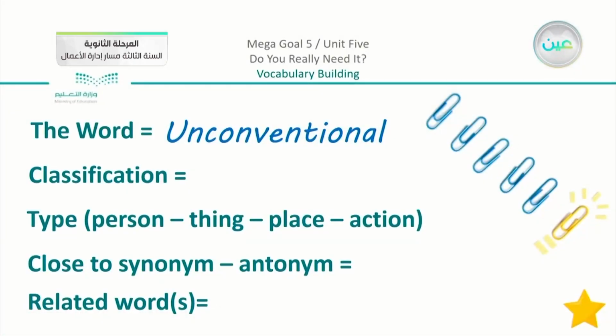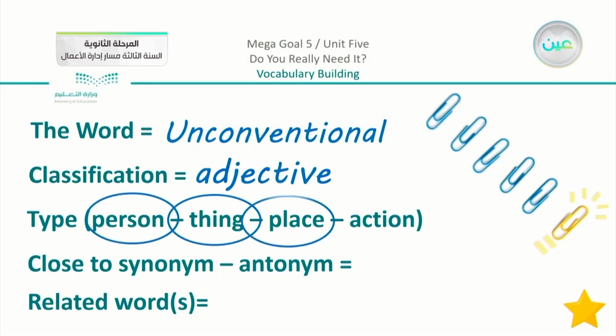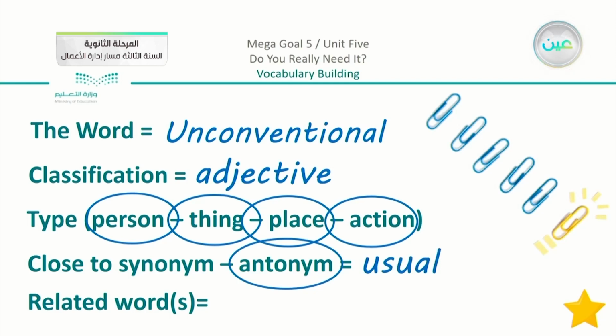The word unconventional is also an adjective to describe. We can describe a person, a thing, a place, or an action. It is the opposite of something that is usual. So here we are relating between something that is different but unusual at the same time.